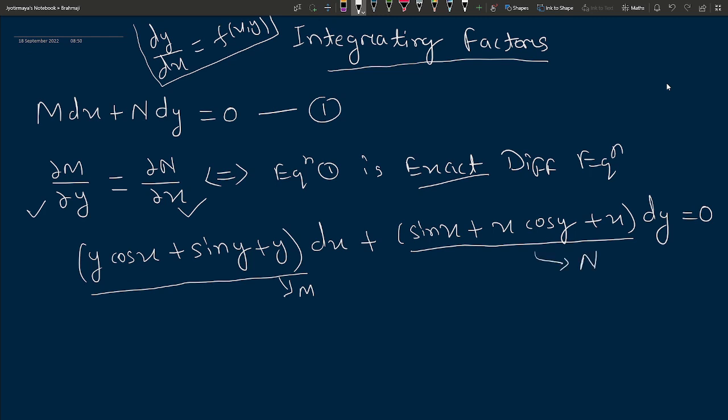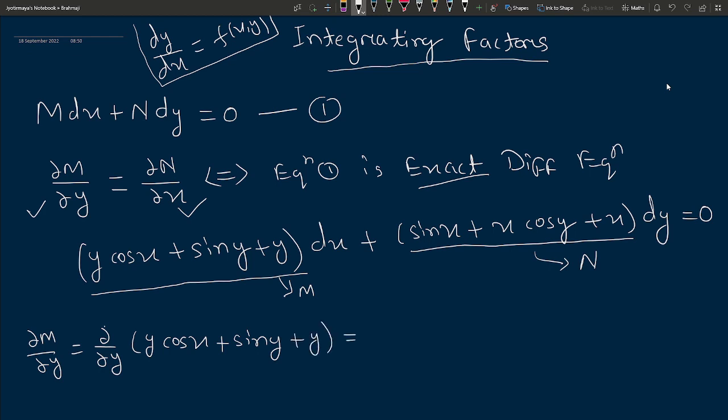Then I will find del M by del y. What is del M by del y? Partial derivative of M with respect to y. Now see, it means del by del y of (y cos x plus sin y plus y).